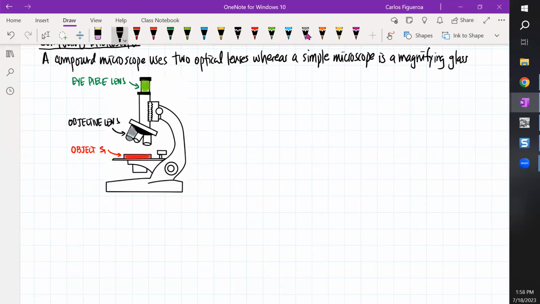So just to clarify the language here, lens 1 is called the objective lens.